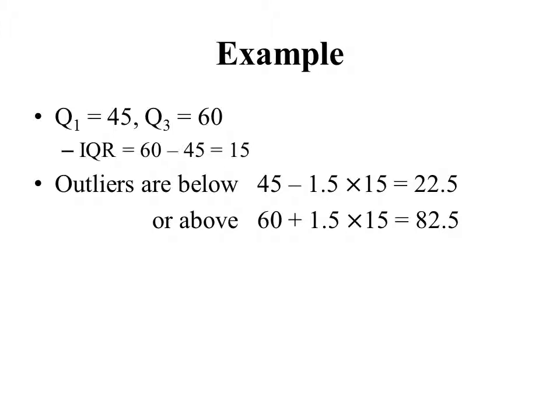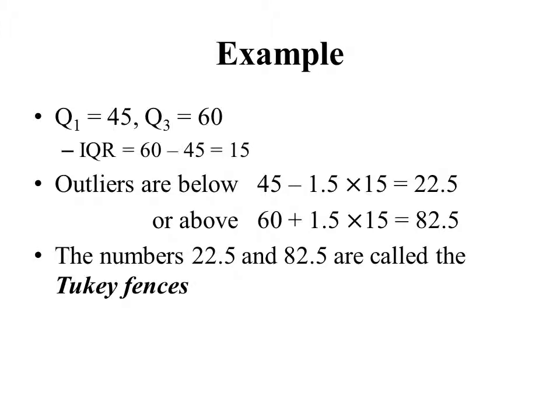By our criteria, outliers are any numbers that are below the first quartile minus 1.5 times the interquartile range. That arithmetic comes out to be 22.5. And an outlier is also a number that's above the third quartile plus 1.5 times the interquartile range, which comes out to be 82.5. So any number less than 22.5 or greater than 82.5 is considered an outlier.